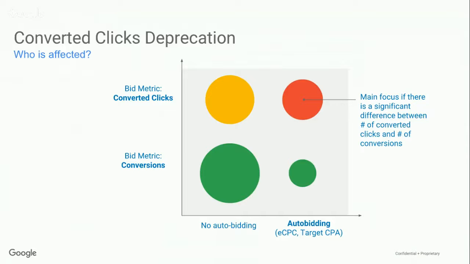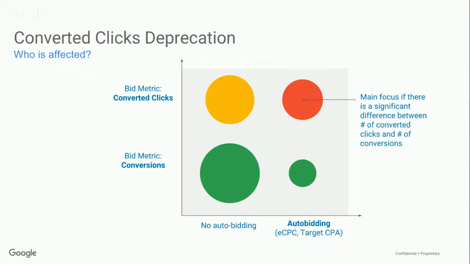Who is most affected by this change are the advertisers that are bidding based on converted clicks and are using auto bidding strategies. Given the way that converted clicks and conversions count the metric differs, your campaign performance will definitely change, and the campaign will optimize based on the new numbers.